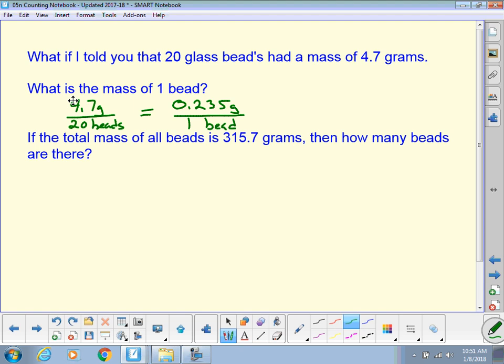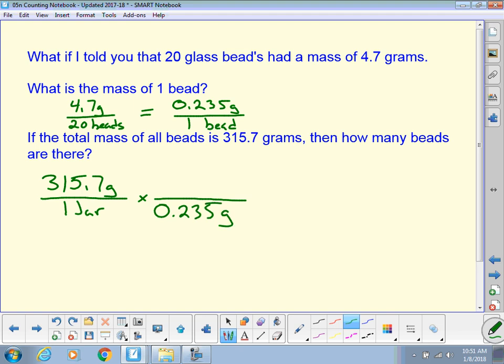So if we know that there is 315.7 grams worth of beads in the jar, and that there is 0.235 grams for every bead in the jar.